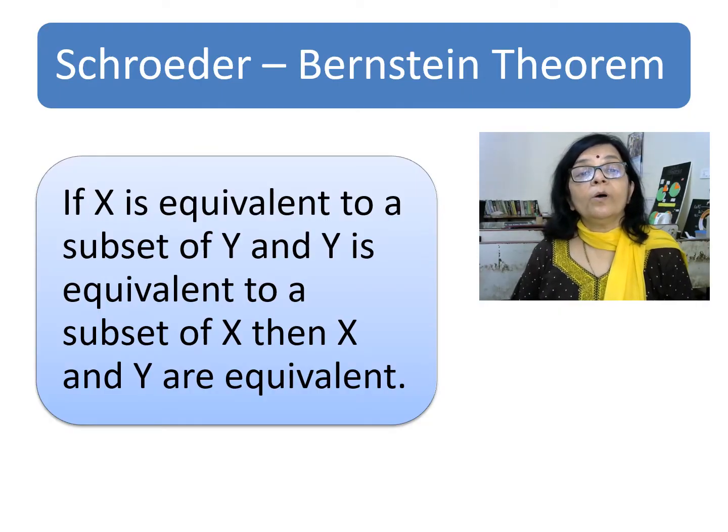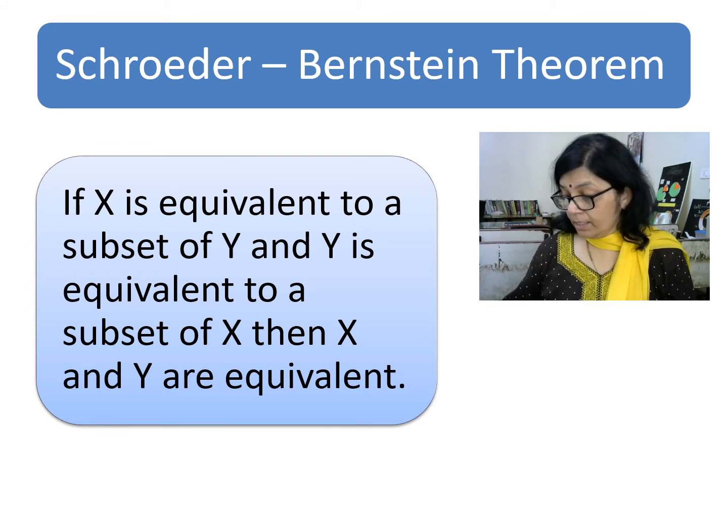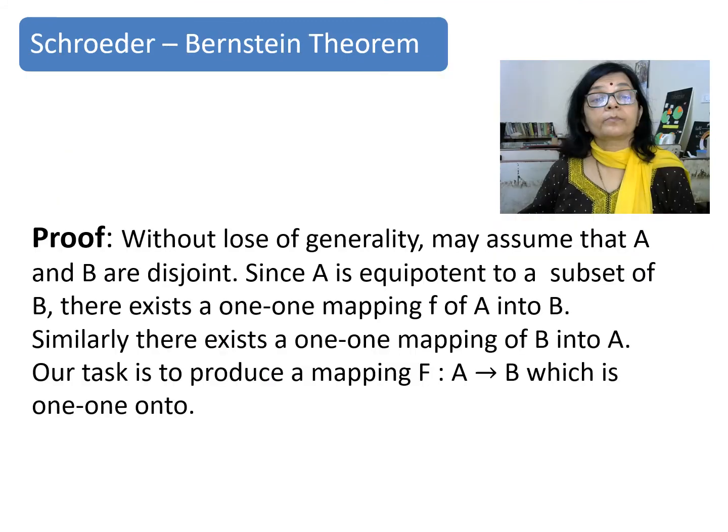Now we are coming to a famous theorem, the Schroeder-Bernstein theorem. The statement is, if X is equivalent to a subset of Y and Y is equivalent to a subset of X, then X and Y are equivalent. Without loss of generality, we may assume that A and B are disjoint.